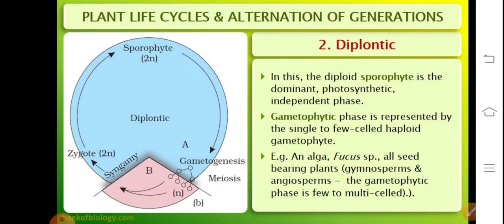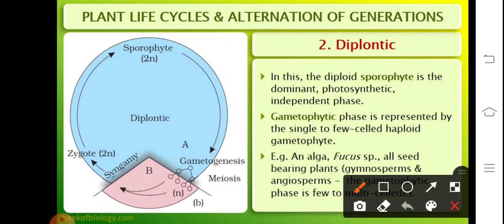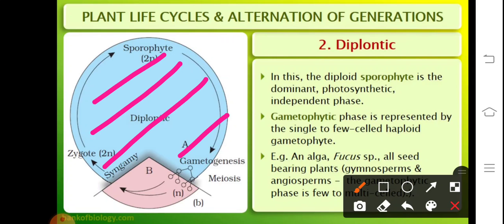Talking about the diplontic life cycle, the dominant phase is the diploid phase, which is the sporophytic phase, which is independent and photosynthetic in nature. The portion indicated by blue coloration is the sporophytic phase.